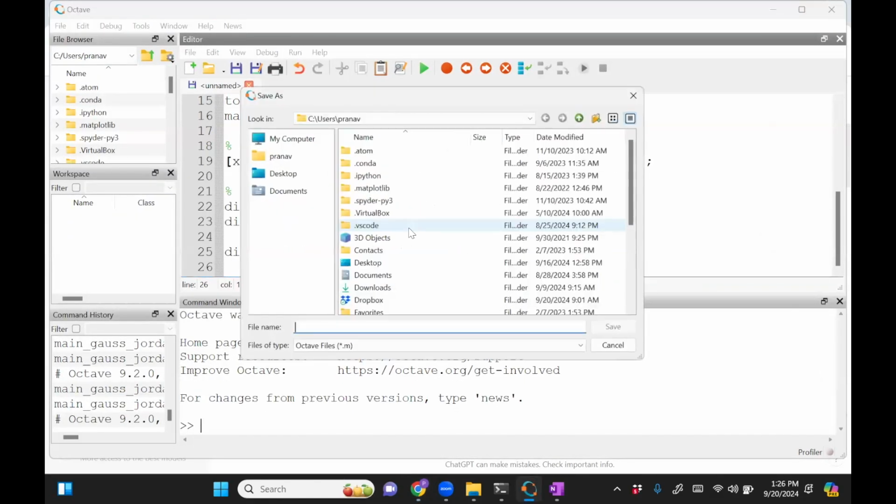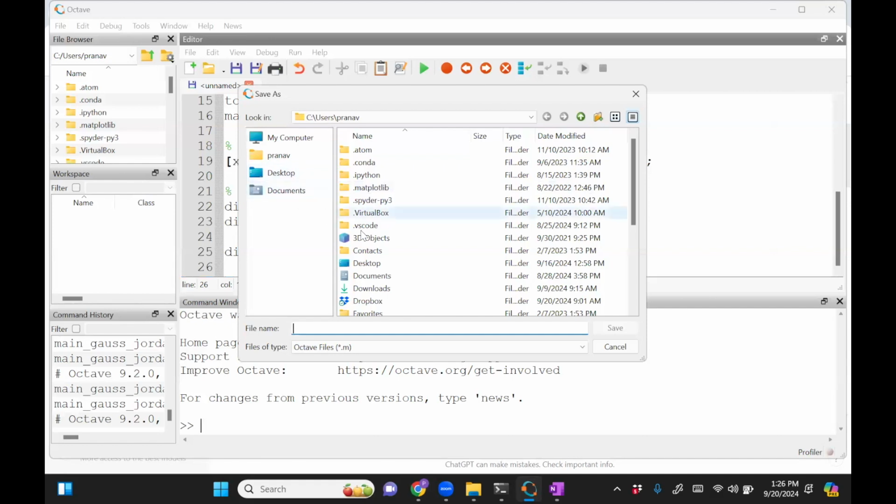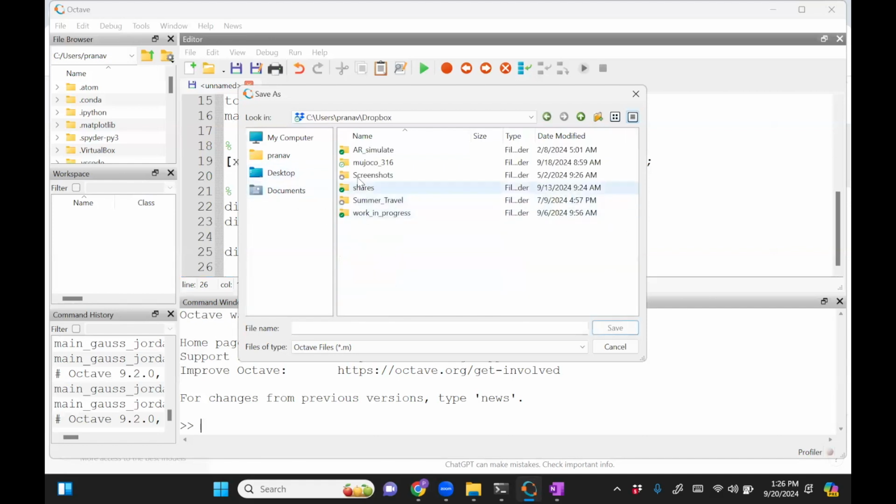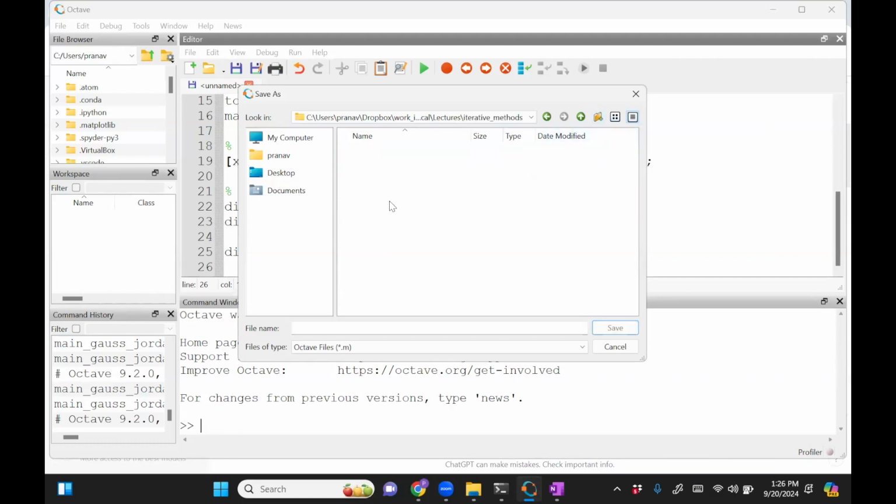So let's save this. Jacobi iterative main Jacobi.